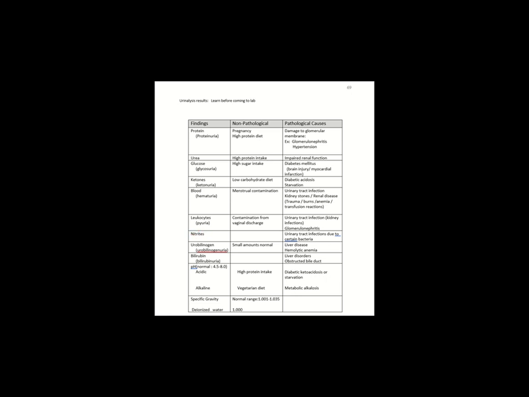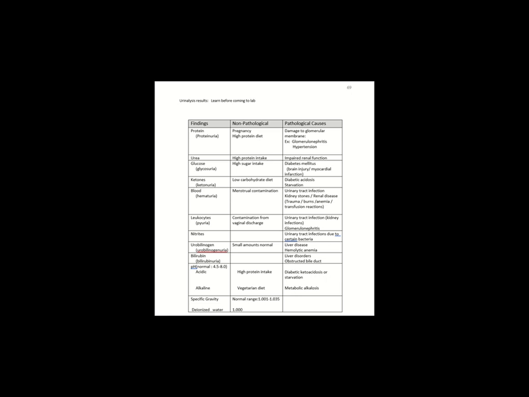Nitrites in the urine. No non-pathological causes, but a pathological cause could be a urinary tract infection from certain types of bacteria. Urea, that's a tongue twister. Small amounts are normal.